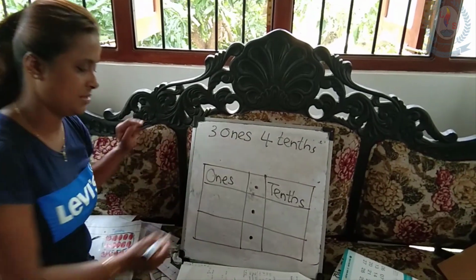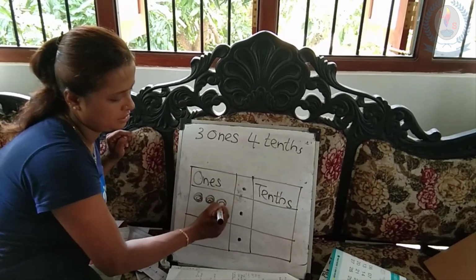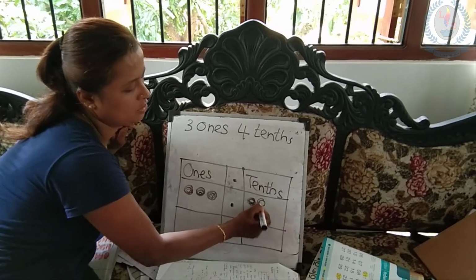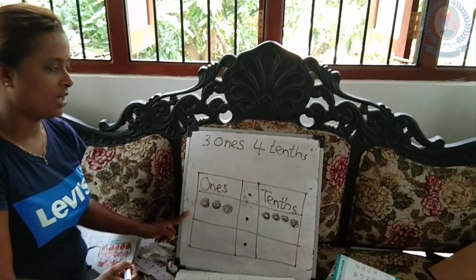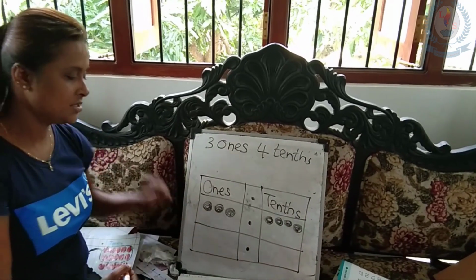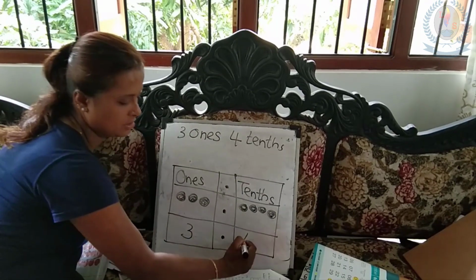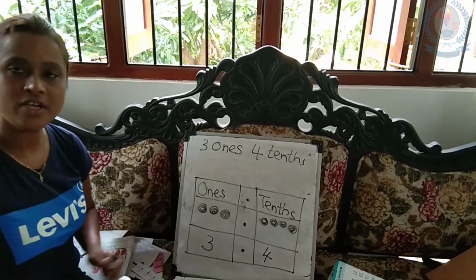Ones, 3 ones. 3 ones, 4 tens. So we can write this as 3.4.